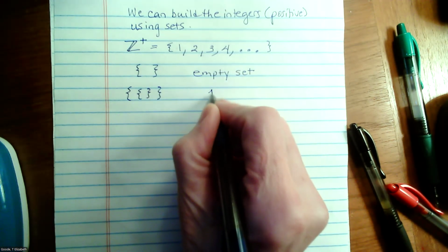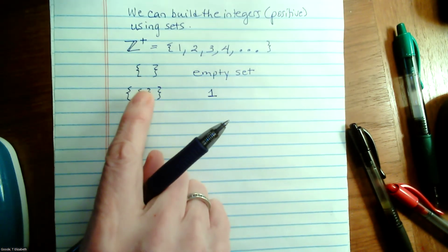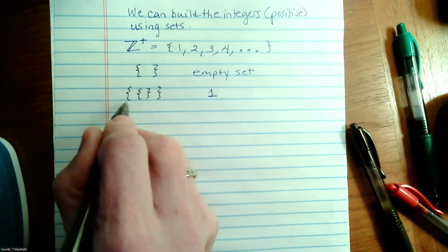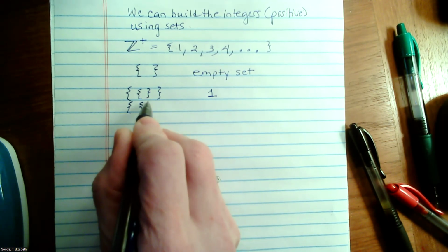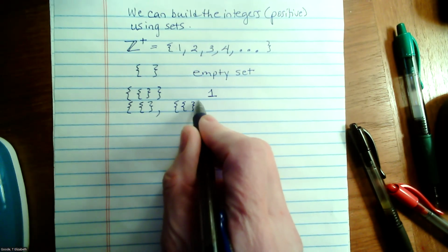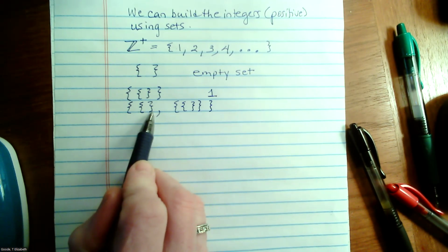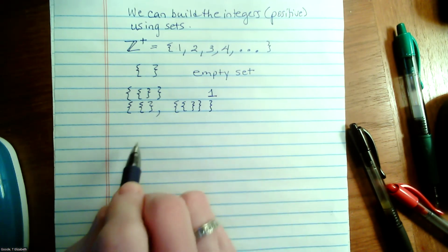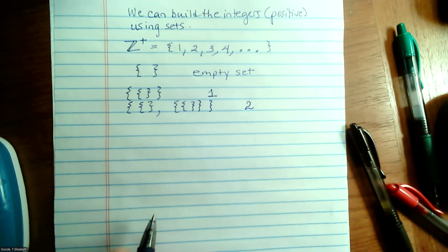And we can think about this as the number one because there's a set here that's got one element, namely the empty set. Then if we want to build the number two, we can build a set that has two elements. This empty set can be the first element, and the set containing the empty set can be the second element. And that is a set with two elements.